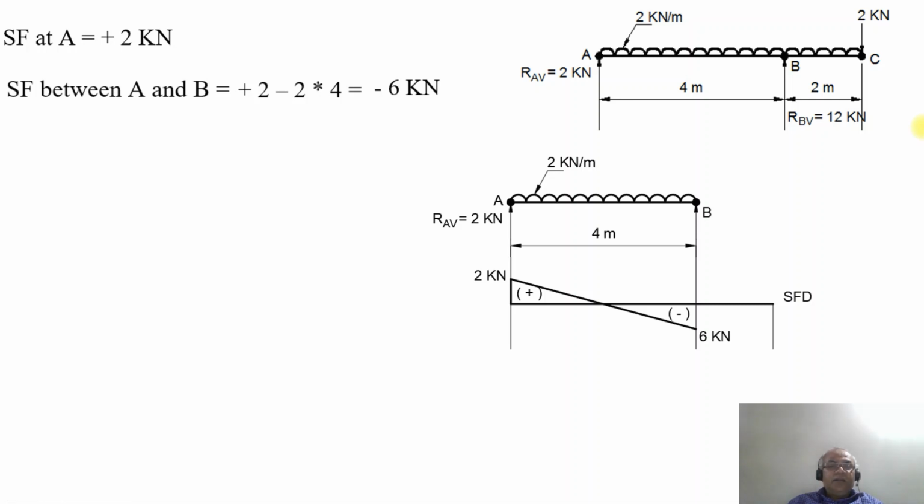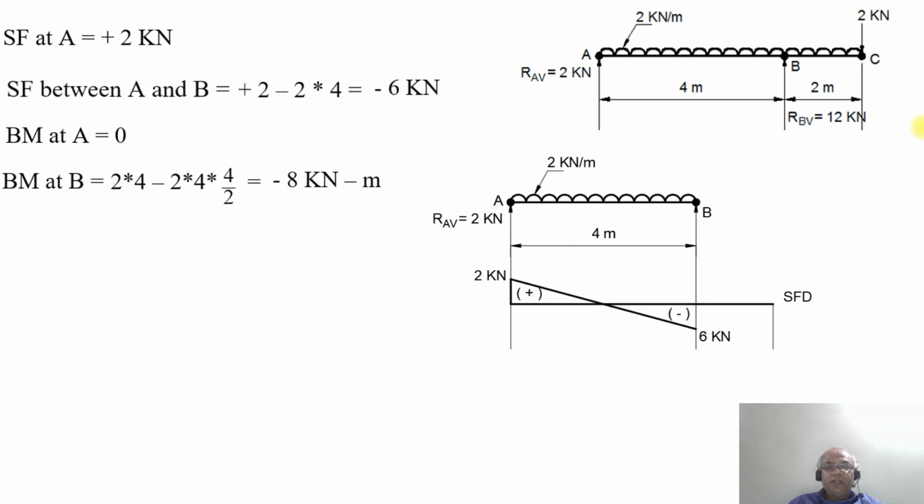Now we will consider the bending moment. Bending moment at the point A will be equal to 0 and the bending moment at the point B will be equal to plus 2 into 4 minus 2 into 4 into 4 by 2, which is equal to minus 8 kilonewton meter. So when you plot this, we get 0 at A and the BM at the point B will be 8 kilonewton meter.